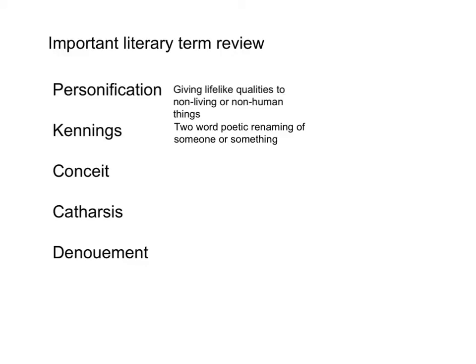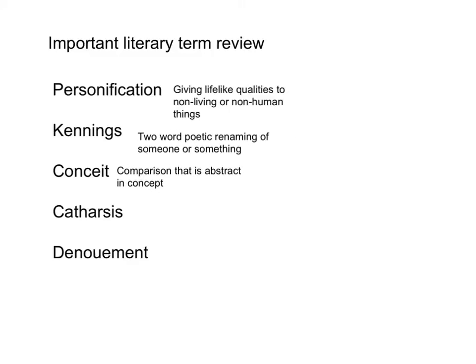A conceit is a comparison that is abstract in concept. So it's like a simile or a metaphor, but it's more complicated than that. So someone might make a comparison to, you're as beautiful as a flower.